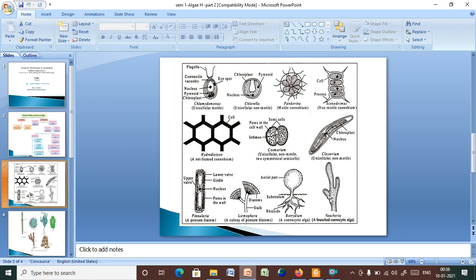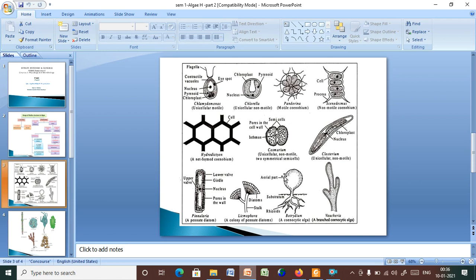And this is branched. The typical example includes Vaucheria, a member of Chlorophyta, then Botrydium. This is also a member of siphonaceous type. Botrydium belongs to Xanthophyceae or Xanthophyta, etc.